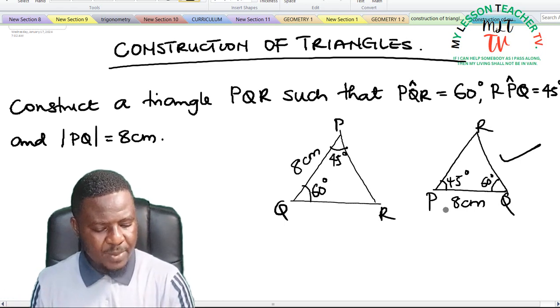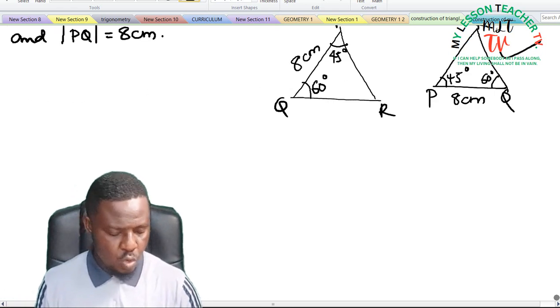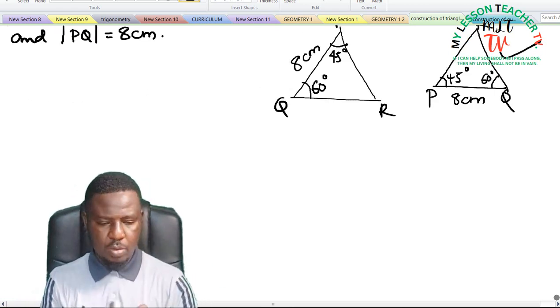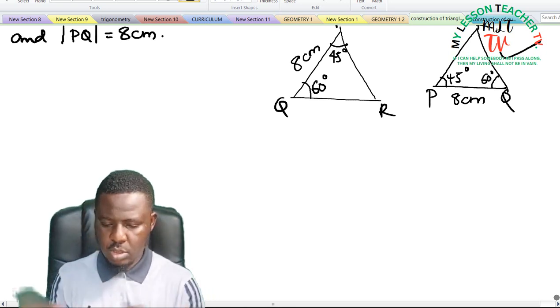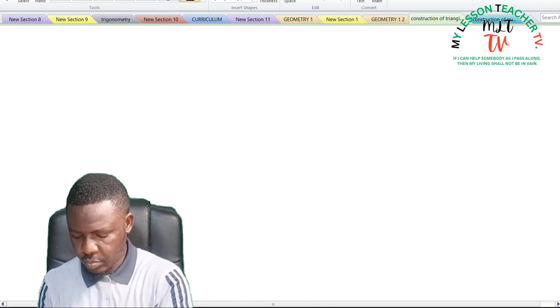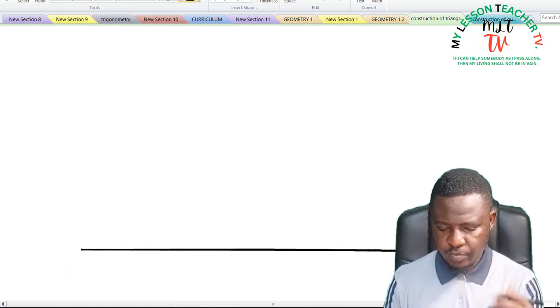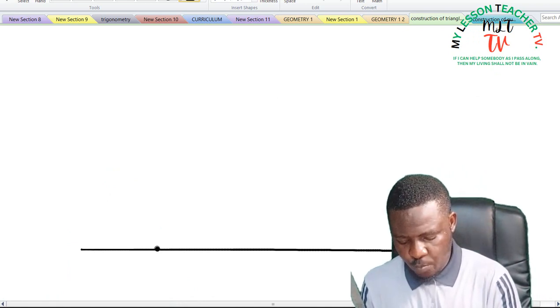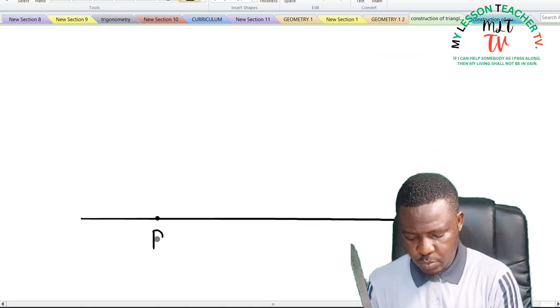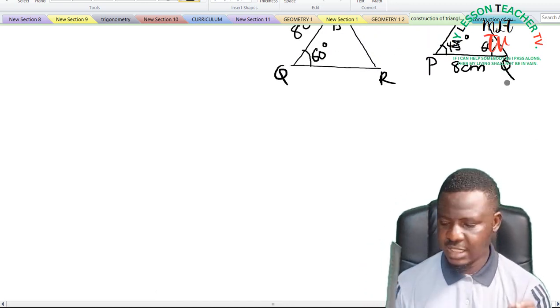So we'll start by constructing side PQ. Side PQ is given as 8 centimeters. So with your ruler, you are going to construct it. So let's draw a straight line once. You don't need to be drawing too many lines. So we'll pick a point and call it point P. So this is point P, and we have it that PQ is given to be 8 centimeters.